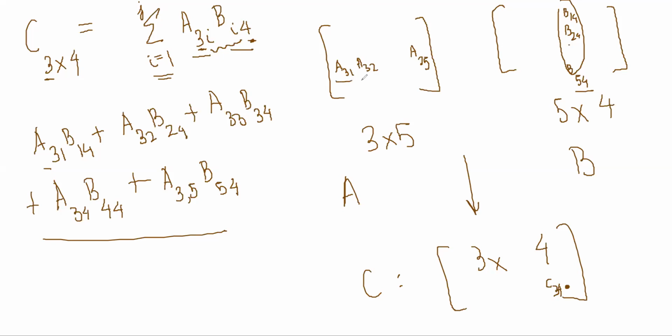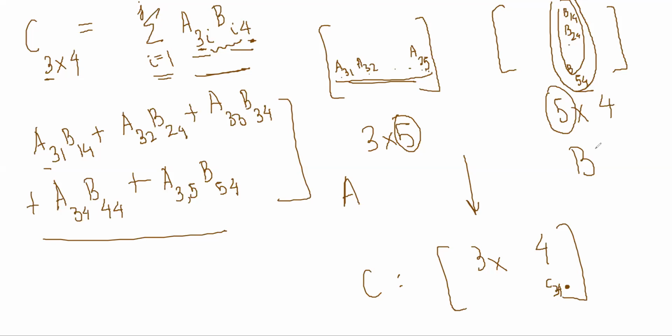And I have taken the dot product of this and this. That is the meaning of this summation. This summation is just the dot product of this vector with this vector. The dot product is possible because the number of elements of this vector is 5 and the number of rows of this vector is 5.